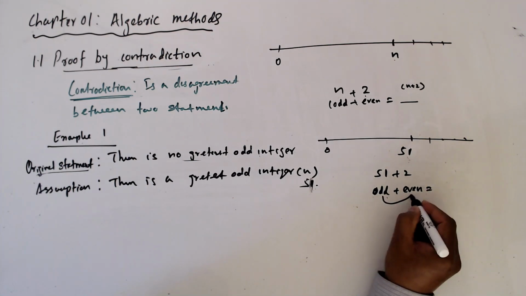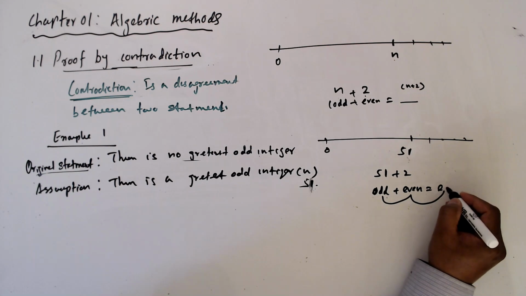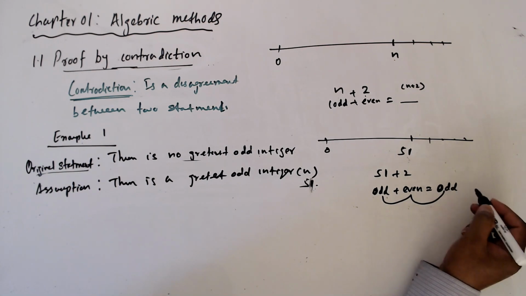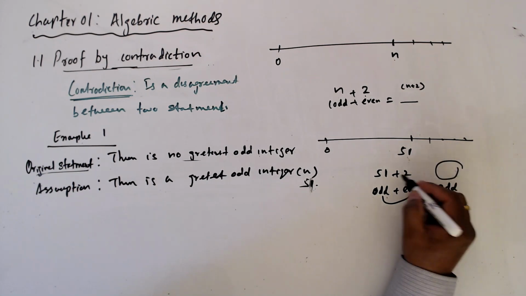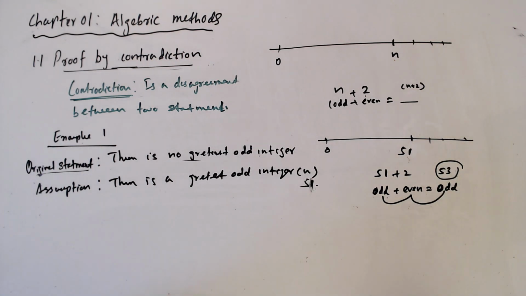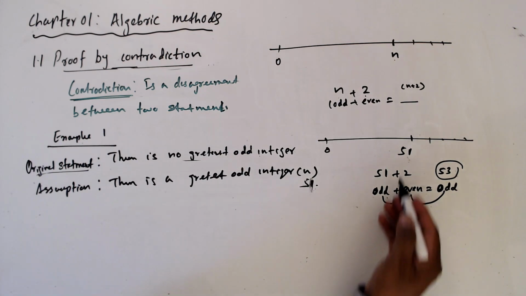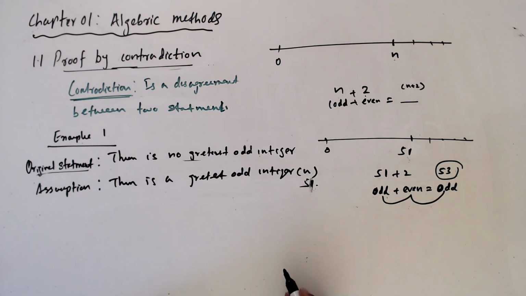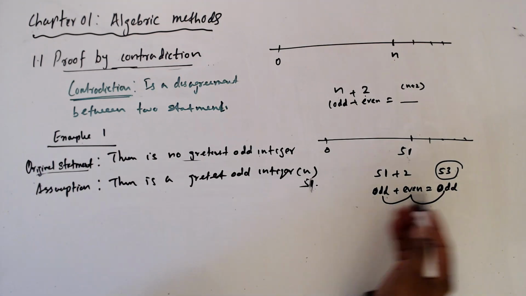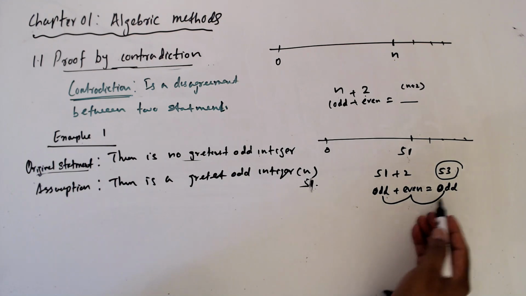When you add odd and even, you get an odd number. What is that number? 53. Now you show me 53, which is more than 51. So 51 can't be the greatest. Likewise, I will tell something, you prove. We can continue like this until our life is finished.